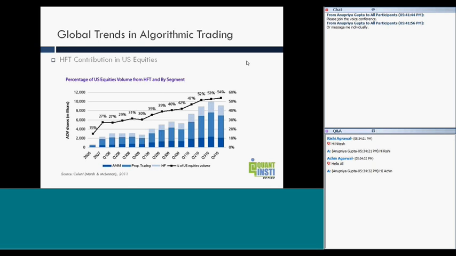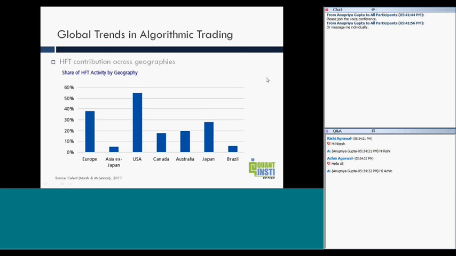There were other rules as well which came up after the subprime crisis in 2009, 2010. So on the right, you're seeing that 54% of the volumes in US equities are by HFT.